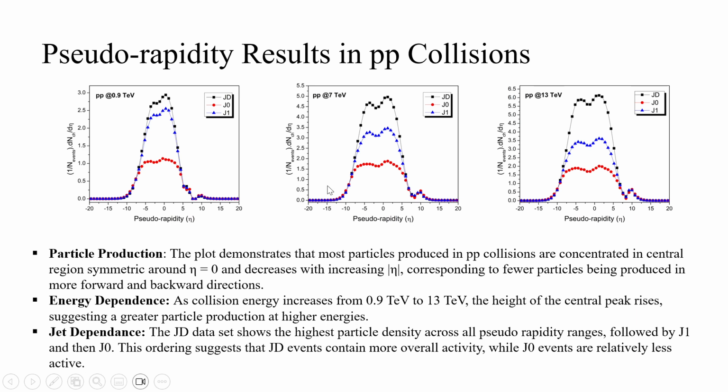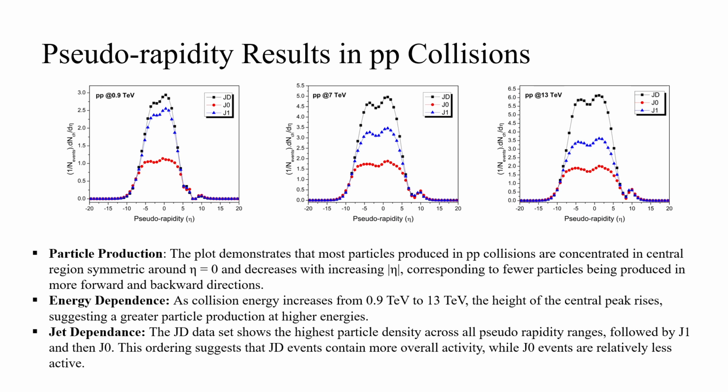This corresponds to fewer particles being produced in the forward and backward directions, while at the central region the highest density of particles is produced, relative to the beam axis.